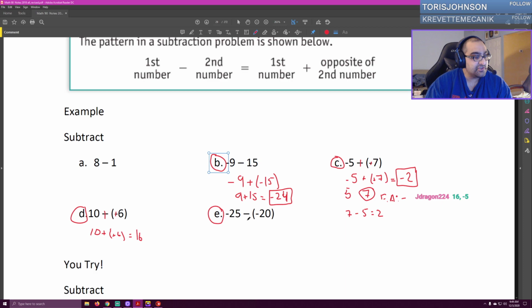In this case, we once again have the same thing. We're going to change both of those to be positive. So we have negative 25 plus positive 20. And so again, we just compare the two. We take 25 and 20. Again, 25 is our bigger number here, so our final answer will be negative.